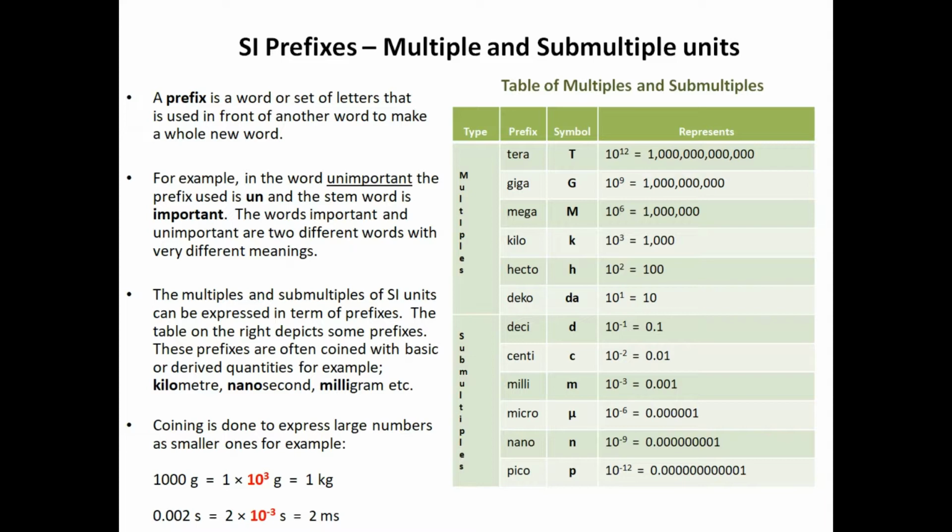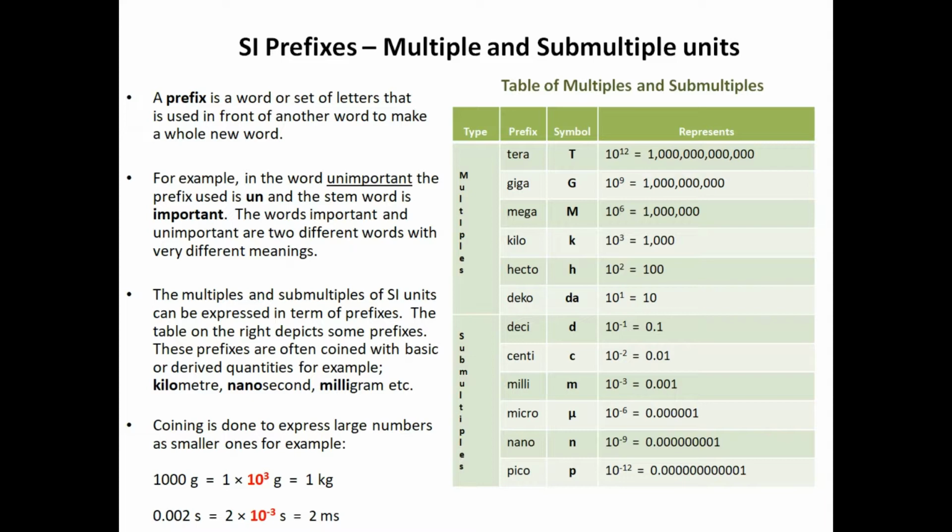The words important and unimportant are two different words with very different meanings. So the multiples and submultiples of SI units can be expressed in terms of prefixes. The table on the right depicts some prefixes. These prefixes are often combined with basic or derived quantities. For example, kilometer, nanosecond, milligram, etc.